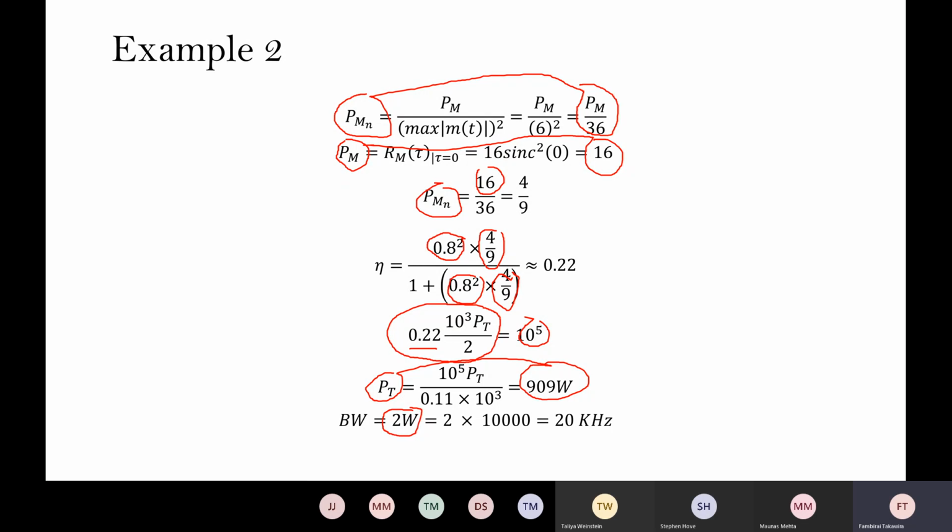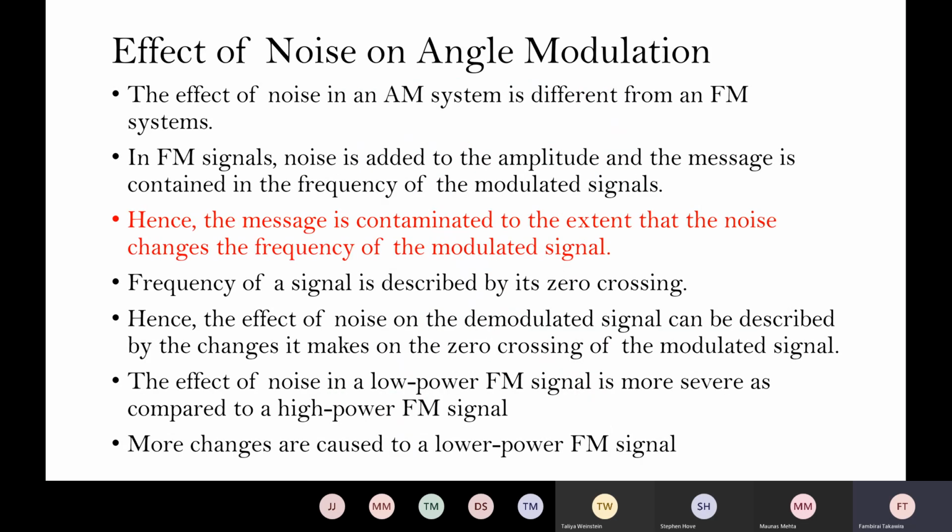Okay, so that's the case of linear modulation, where we have looked at the signal-to-noise ratio at baseband. And then we considered 3 modulation schemes. DSB suppressed carrier, where we found that the signal-to-noise ratio at the output is the same as the signal-to-noise ratio at baseband.